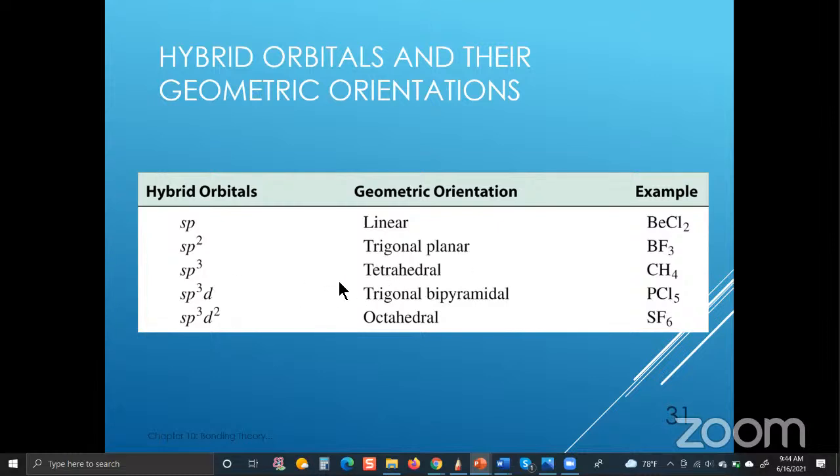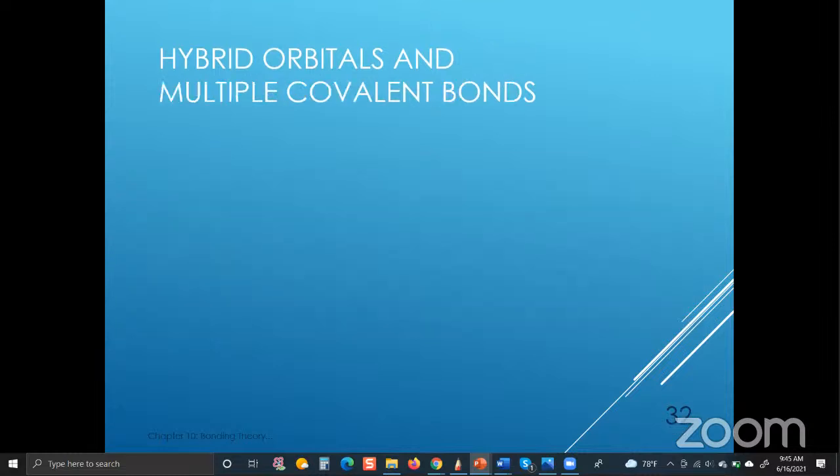If it's sp3, then the orientation will be tetrahedral. If it's sp3d, then it's trigonal bipyramidal. And if it's sp3d2, it would be octahedral. And these are just some examples of the corresponding molecules with the shapes and the hybridization. Okay, so that's basically what hybridization is all about.